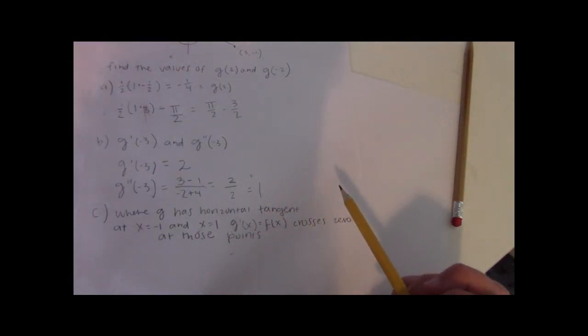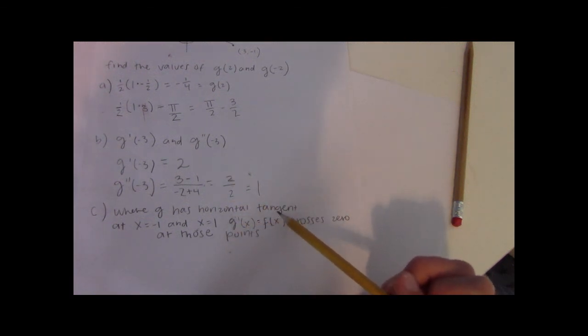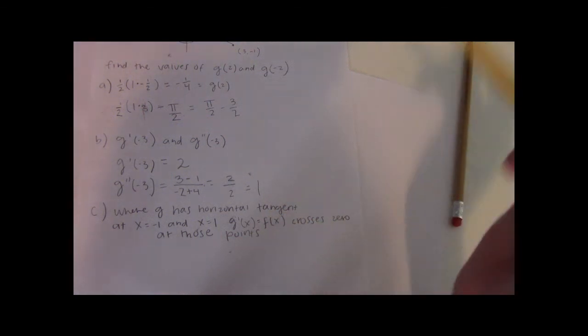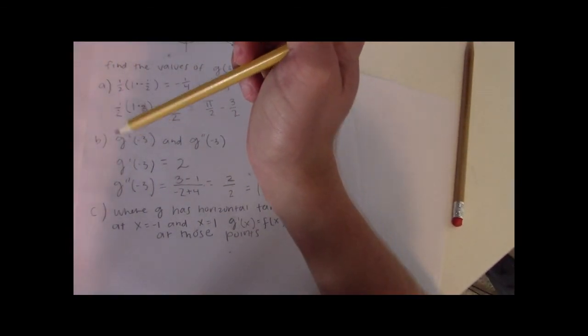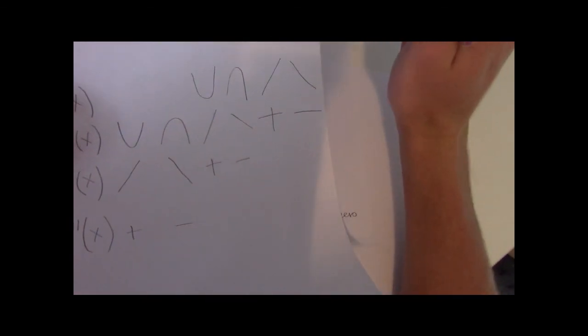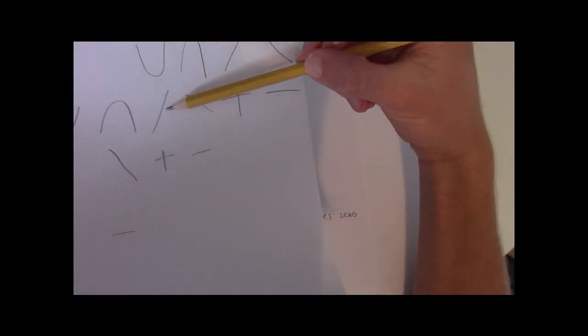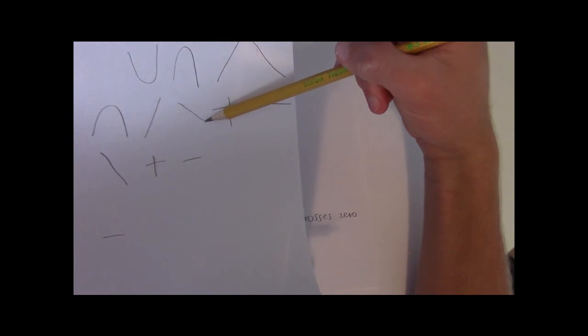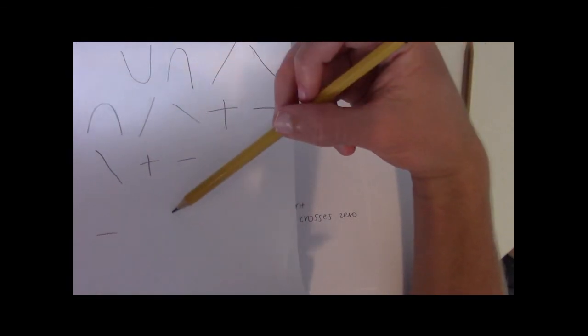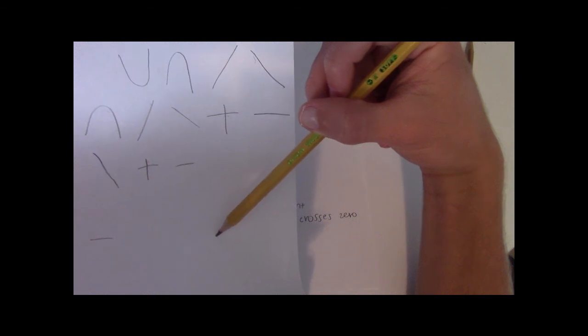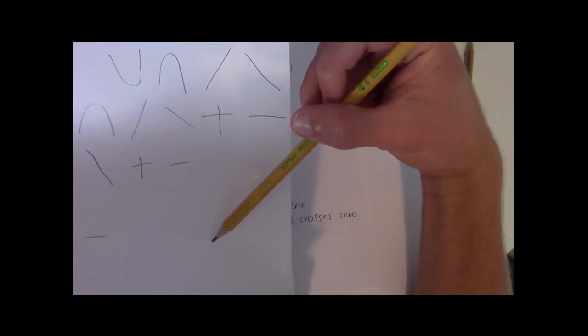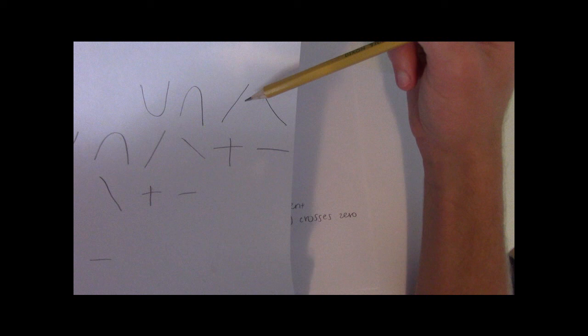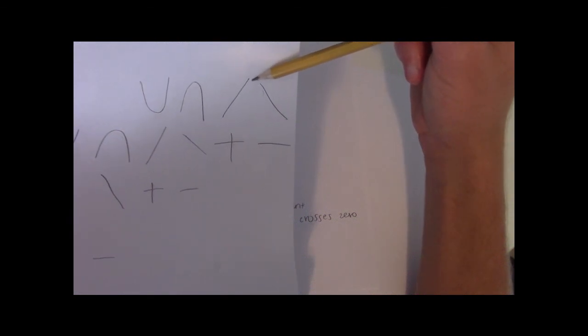Now we need to find whether these points represent a relative minimum or a relative maximum on the graph of g. So when a graph has a relative extreme, that means it's either changing from increasing to decreasing at that point, or from decreasing to increasing. And when that happens, that's where it hits a pretty low or pretty high point on that graph.